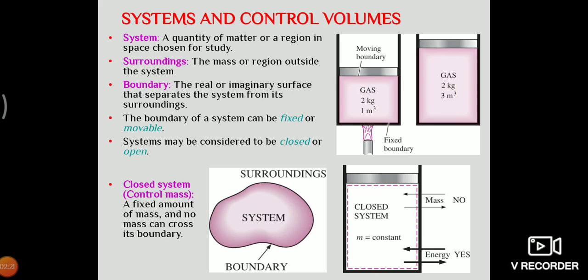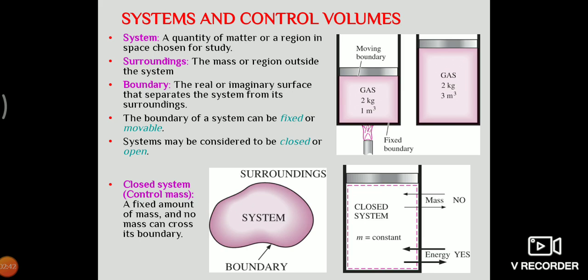This is a very important thing. In a closed system there is no exchange of mass, only exchange of energy. No mass can either leave or enter a closed system.